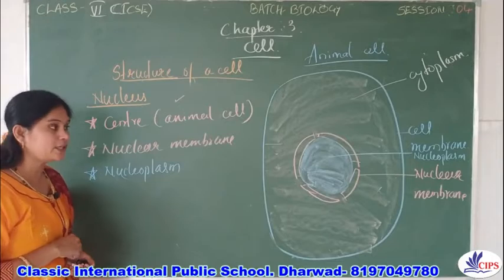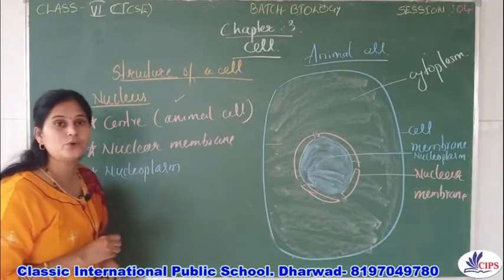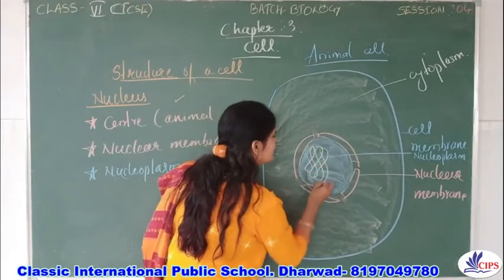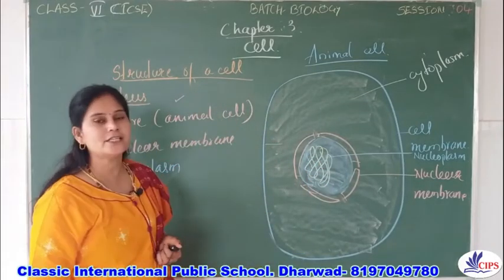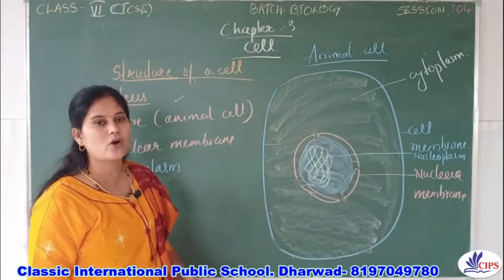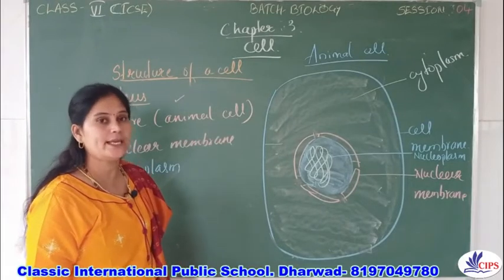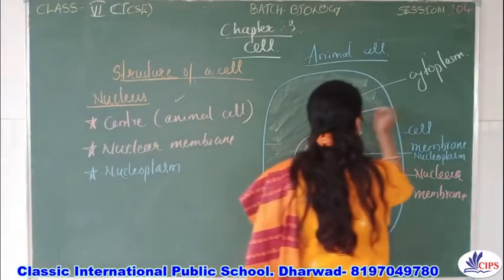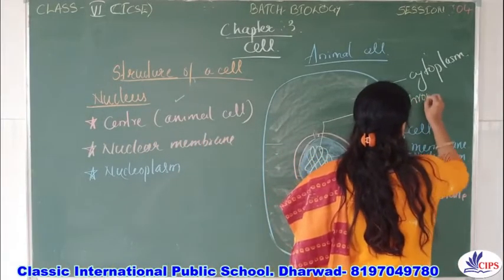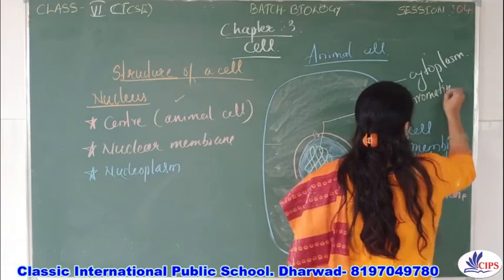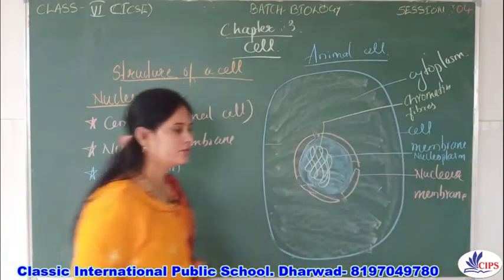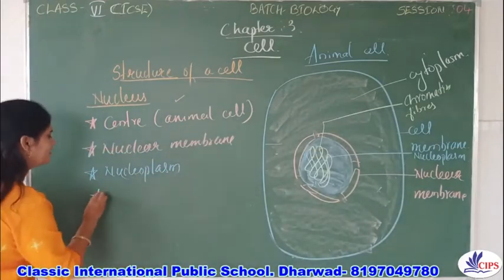So inside the nucleoplasm, there are thread-like structures present, and these thread-like structures are called chromatin network or chromatin fibers. So what are these chromatin fibers?